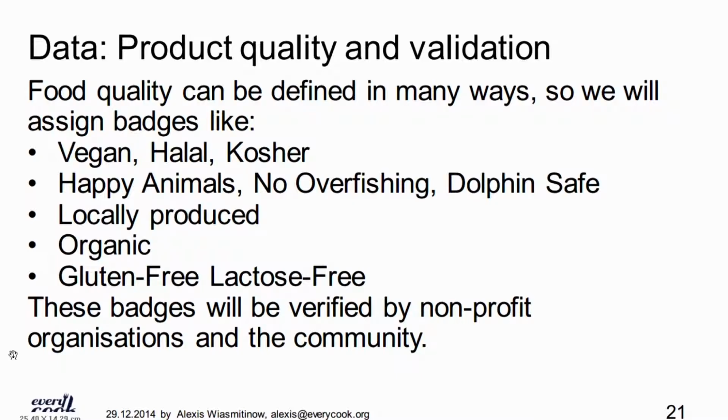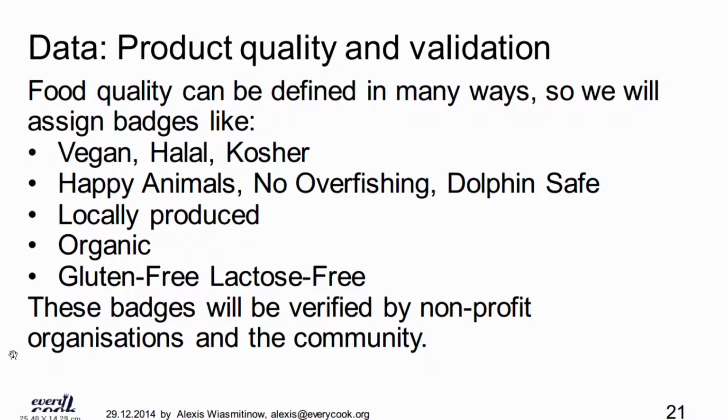We want to get all possible feedback. On one hand, we have vegan, halal, kosher. I call this kind of ethical criteria for food. Then, of course, the criteria: how happy were the animals, how sustainable is it to eat that fish, local, organic, gluten-free, lactose-free.